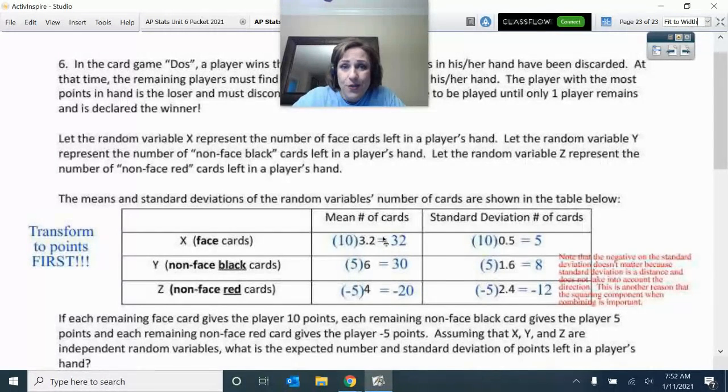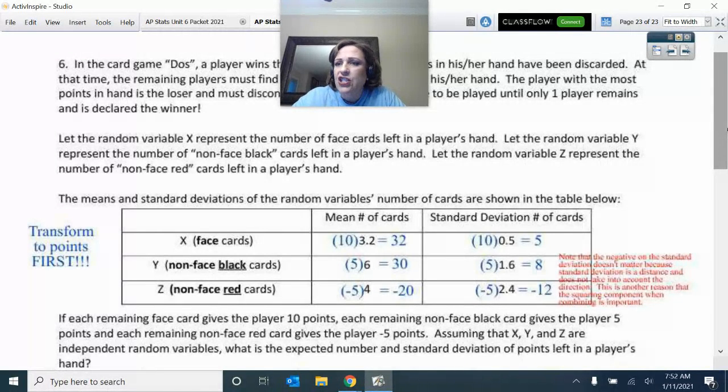Then the means will combine like normal, but the standard deviation combinations are going to be trickier. So we are transforming into points first, based on the rule stated: 10 per X card, 5 per non-face black card, and -5 per non-face red card.